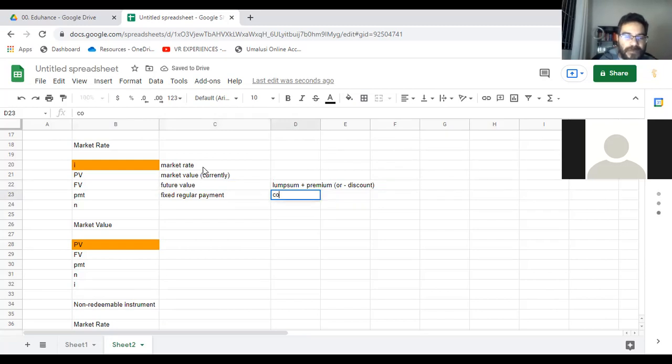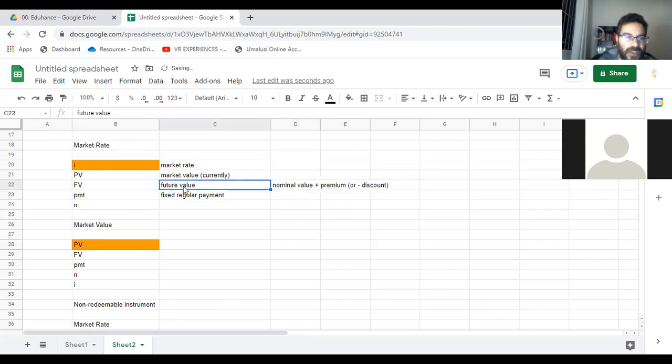Payment is lump sum, sorry, this is nominal value. Nominal value, or another term for it, face value.